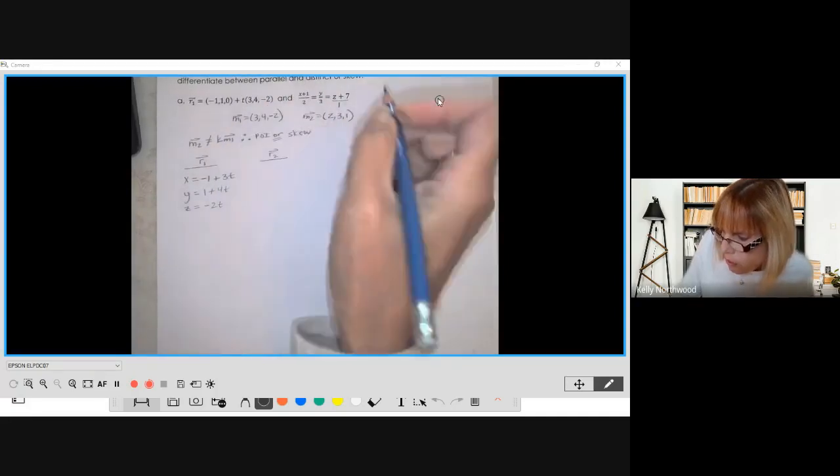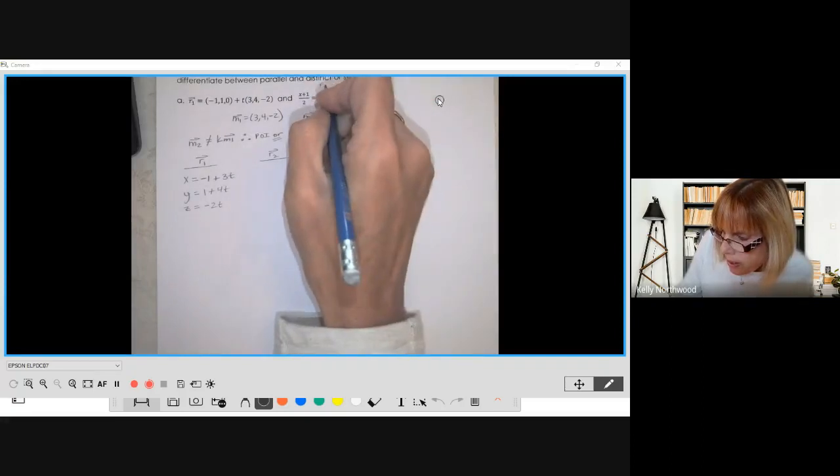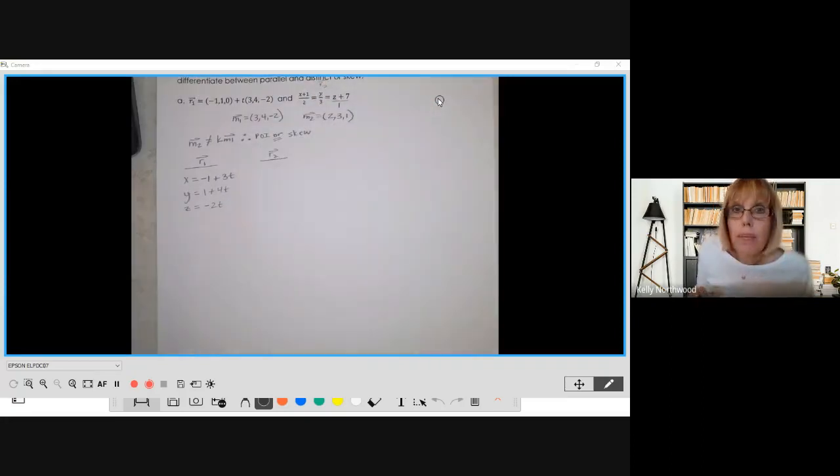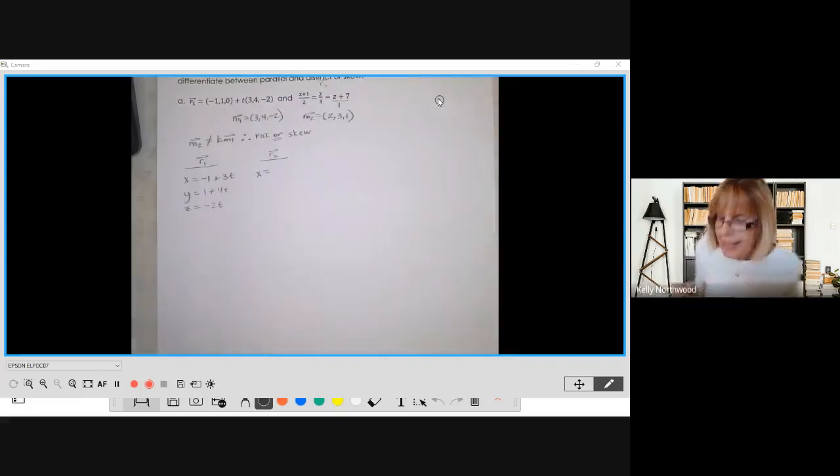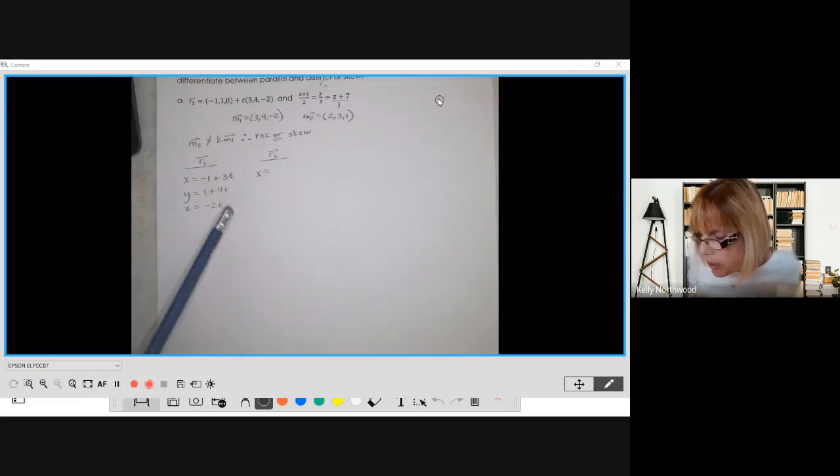For r2, they gave it to us in symmetric form. Who wants to give me the parametric equations from symmetric form? And remember, don't use t, use a different parameter.